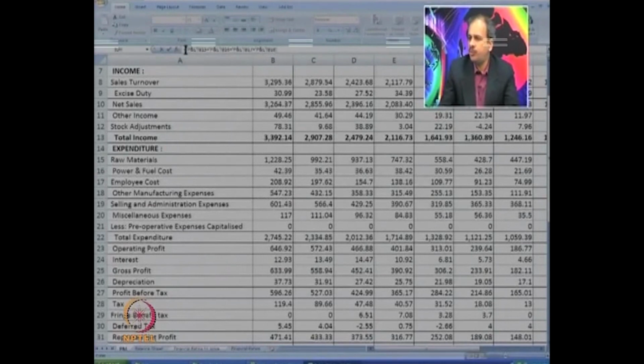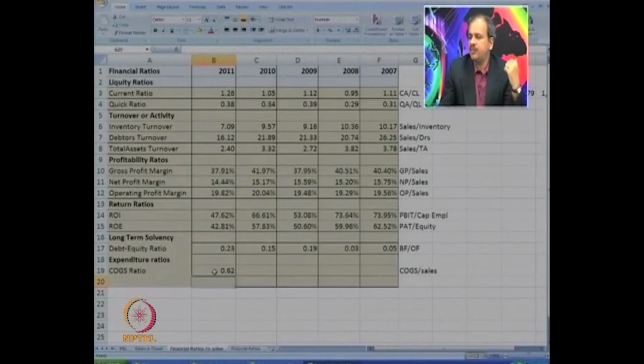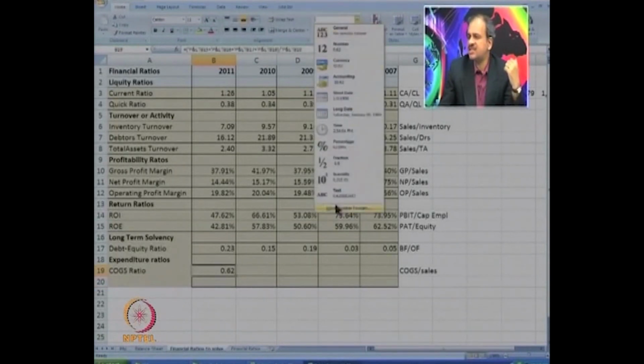So, these all I will put in bracket. These are the expenses which are related to the production and supply of goods. We will divide it by the net sales. Typically, this is shown as a percentage.